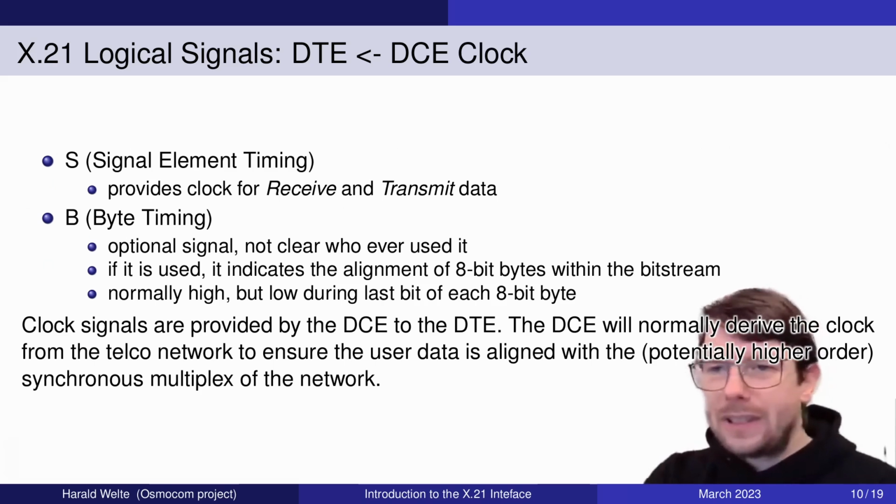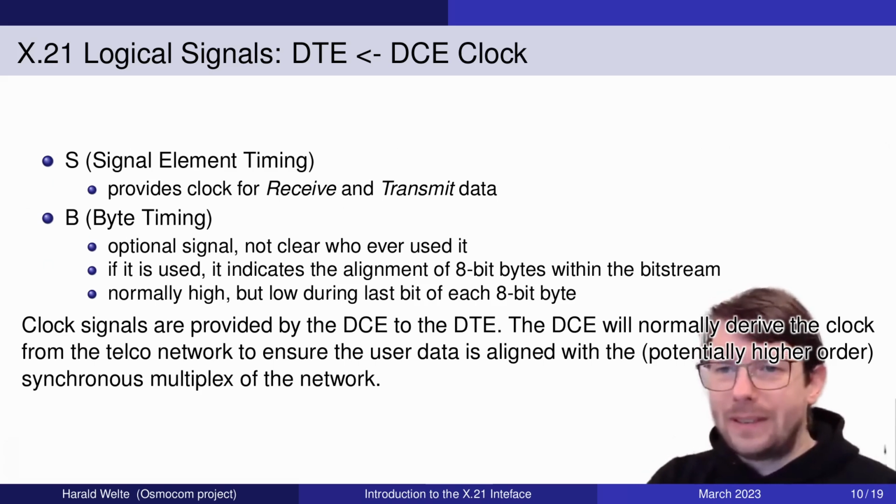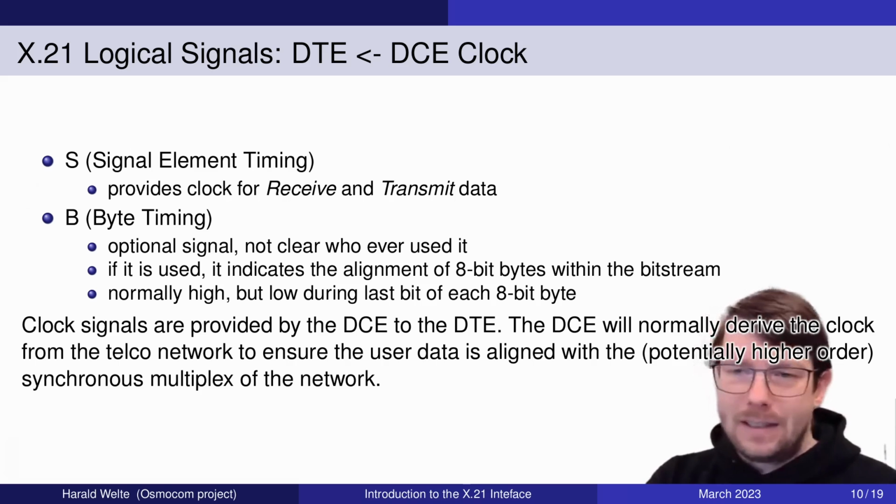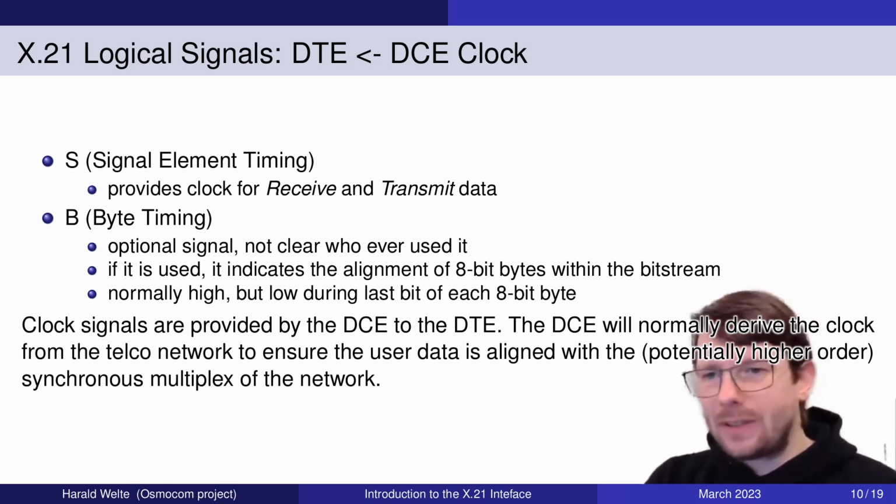Then we have 2 additional signals which are for clock and timing. One is the S signal, the signal element timing. This provides the bit clock for the receive and transmit data bits. And there's another signal which is optional, called B, byte timing. I didn't really find any references of anybody who used it.